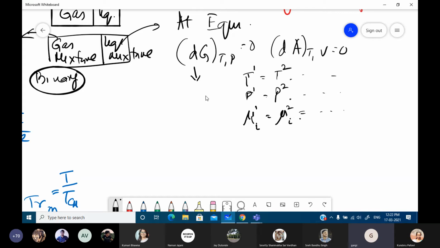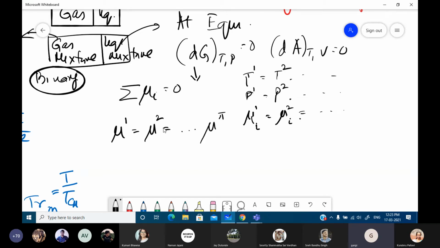And from there we found that instead of dG at constant T and P equals 0, equilibrium can also be defined as the sum of mu_i dn_i equals 0, which implies that mu of any component in the different phases should be equal. So if it is a single component system, then we simply write mu in phase 1 equals mu in phase 2 equals mu in phase pi.